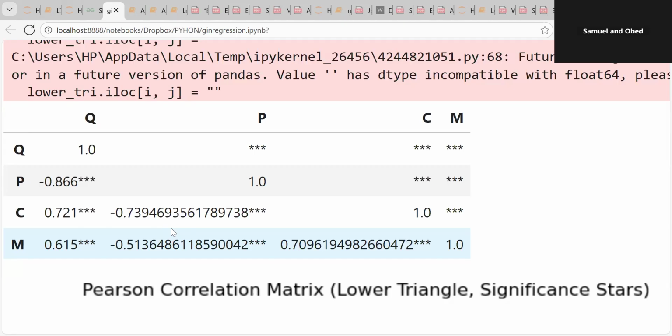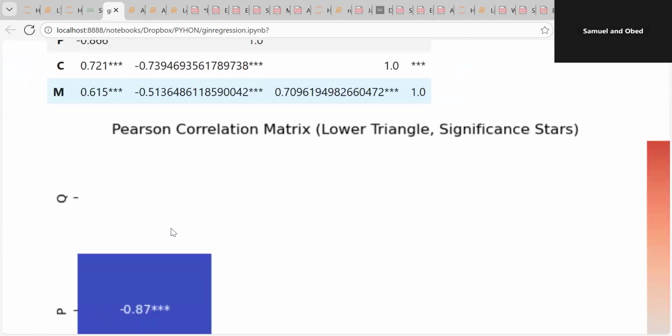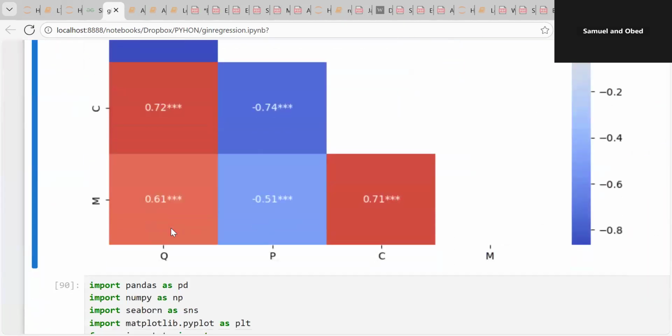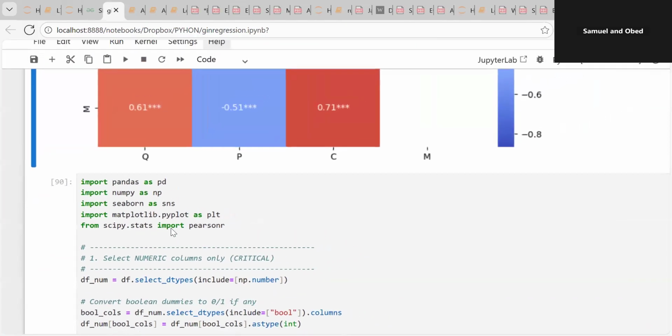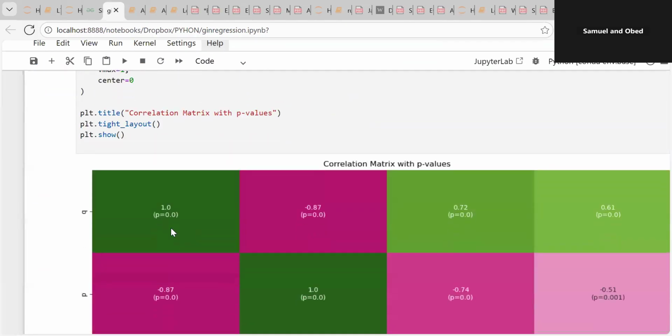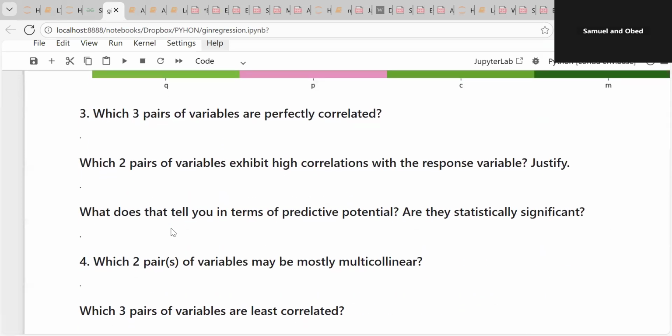C and C. Very good. So when we say perfect, that's what we mean.